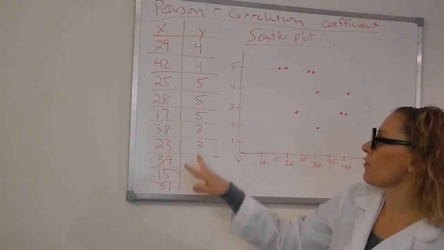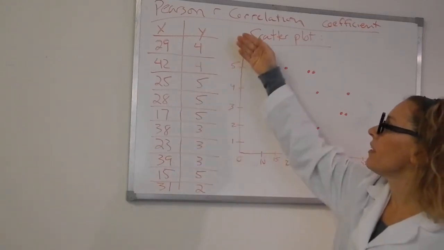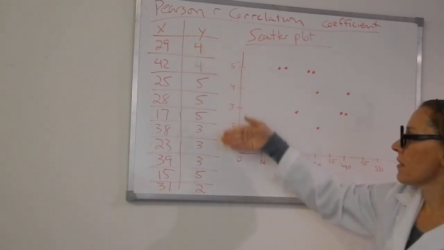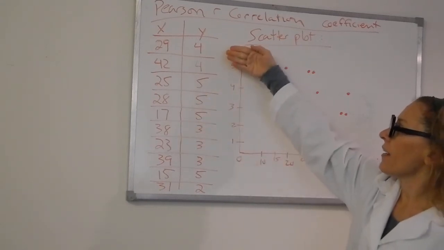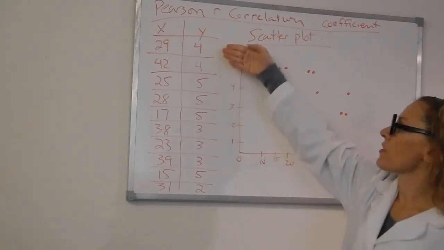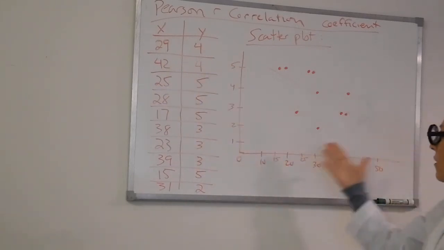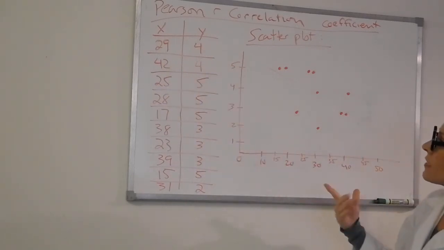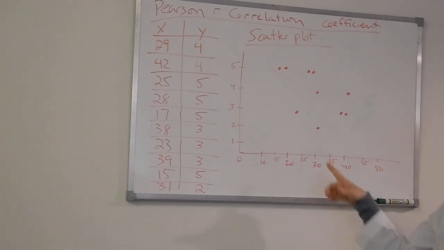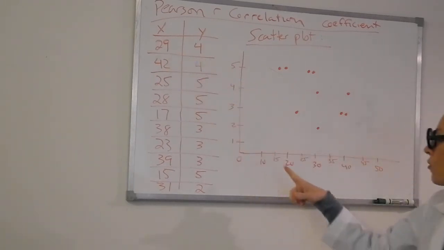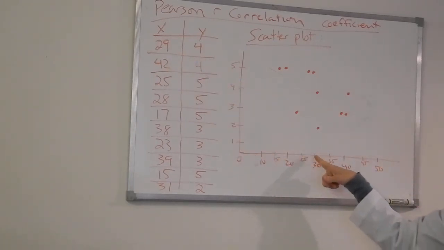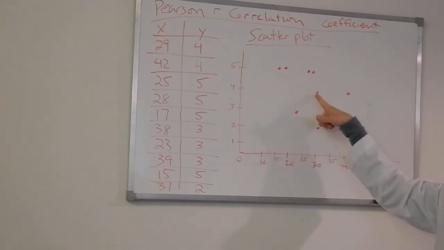Okay, so here are 2 variables, texting and driving frequency each week, and it's kind of scary actually, and how conscientious each person is. So we have 2 data points for each person. So what I've done here is I've created a scatter plot, and basically I just went through and I said, well, okay, so person 1 had 29 texts, so just right about here, and they ended up having a score of 4 on their conscientiousness.